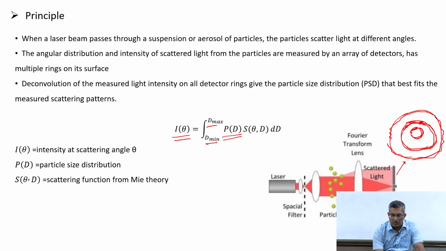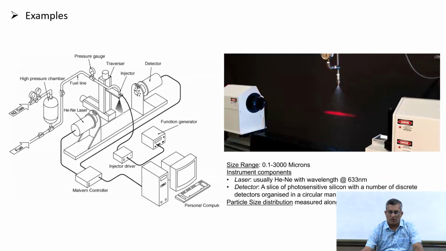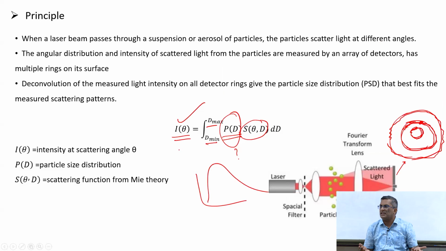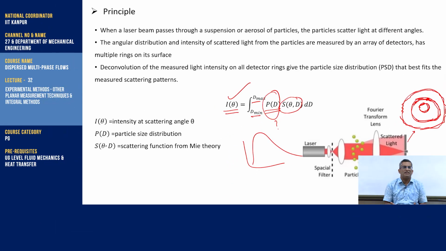This is your size distribution that you want to measure, and this is basically a scattering function that you get from Mie theory. Now this is a problem of deconvolution. You have this information that you measure, how do you get this? Or in other words, you find a size distribution which will satisfy this equation, and that is what is done here.